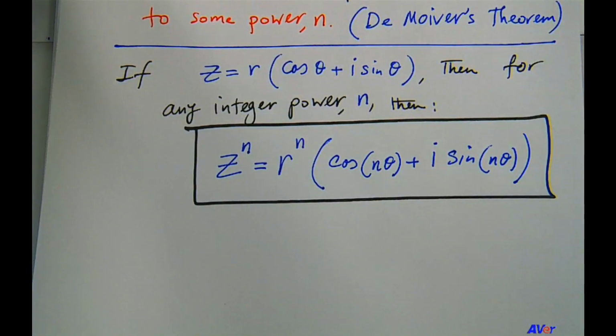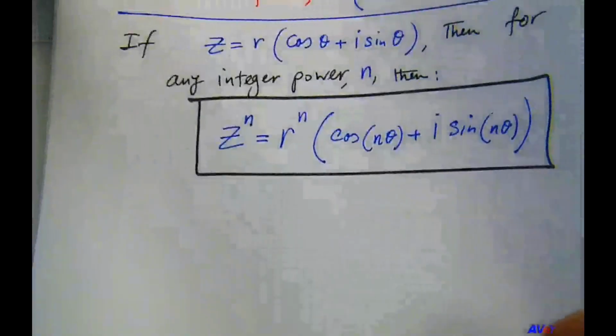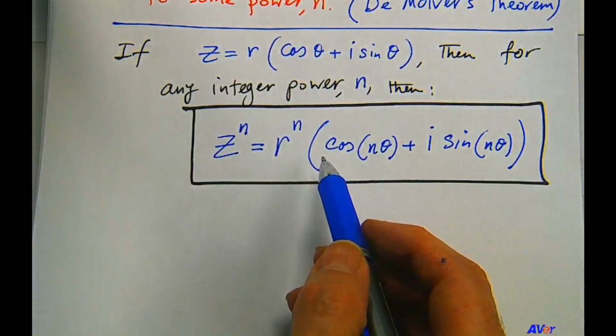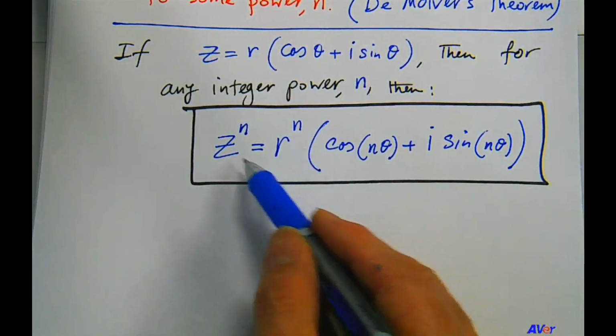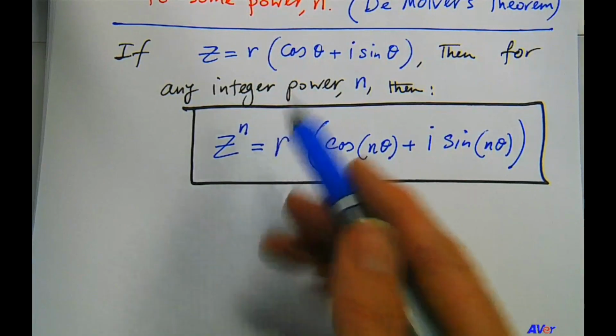Okay, so one thing I should introduce in the same area as this is the multiplicative inverse of a polar complex number. What does it look like?